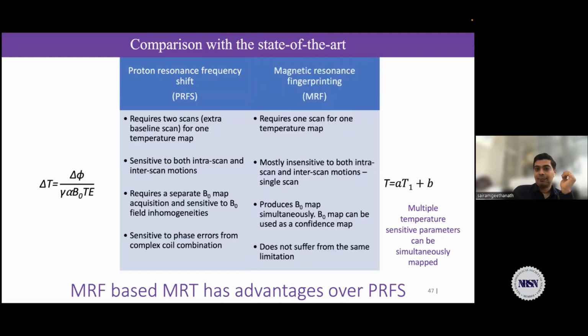On the other hand, we require only one scan. It is better tolerant towards motion, and it generates its own B0 map. And like I'm going to show you, we need to improve on that map. But it does not suffer from the issue of complex coil combination, which basically means you could mess this whole thing up in reconstruction, that you probably see in a Dixon method when you see water and fat flip.